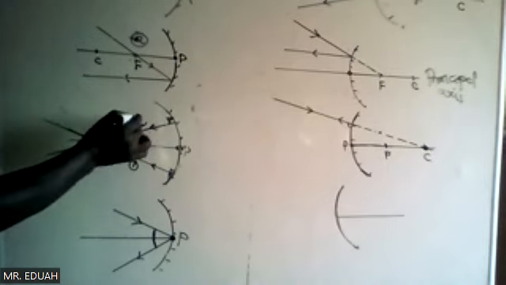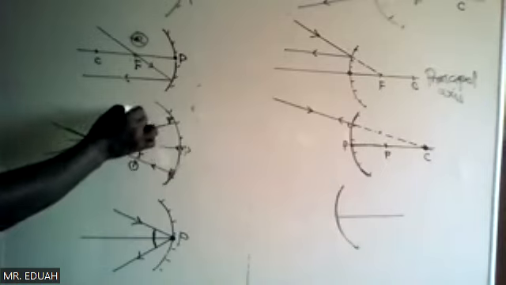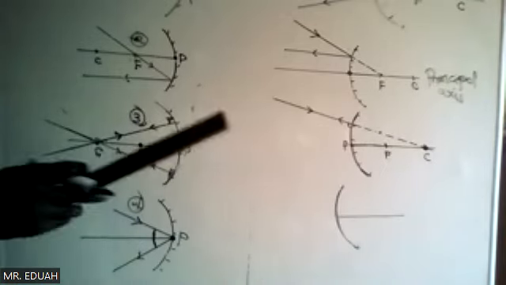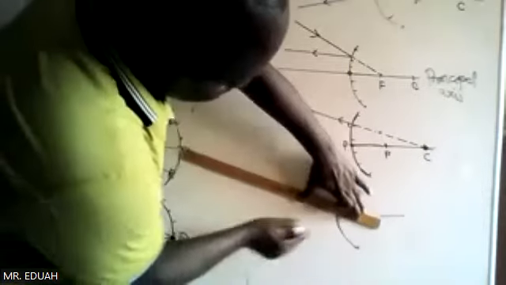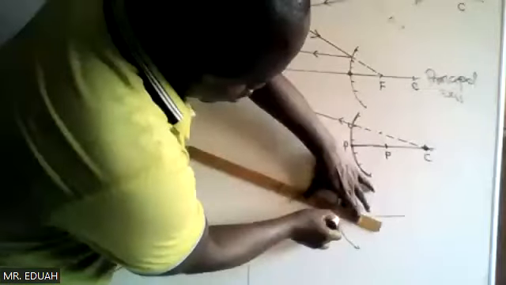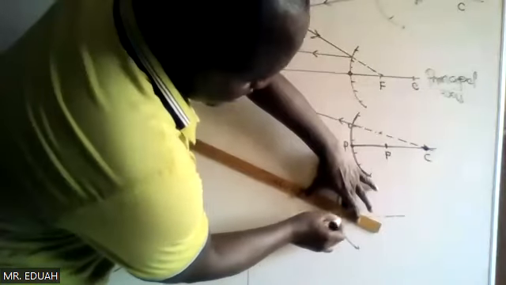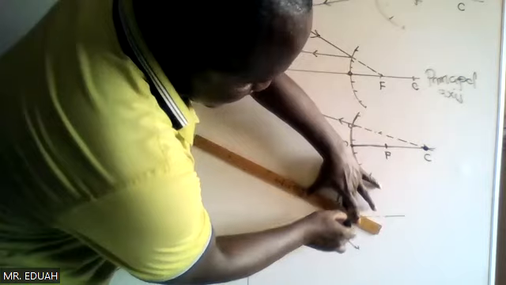So that is the third, and then the fourth rule. The ray is hitting the pole, and this is the pole P. It has to reflect at the same angle.